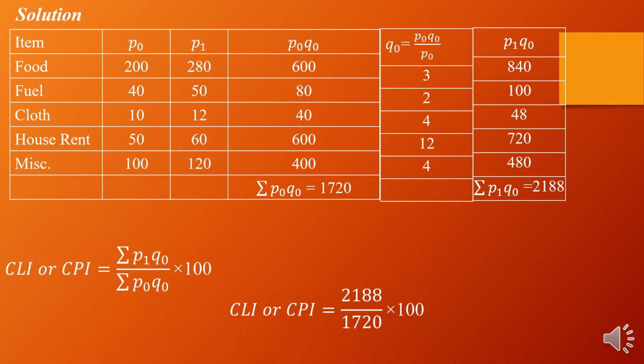Therefore we get the answer like this. P0 Q0 is directly given in the problem, and the total is 1720. So P1 Q0 is 2188 divided by P0 Q0 which is 1720, into 100. Therefore the answer is 127.21.